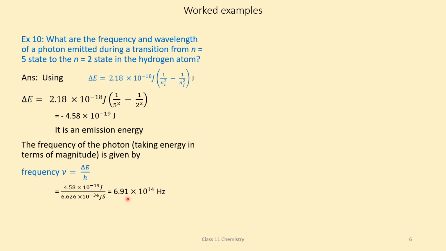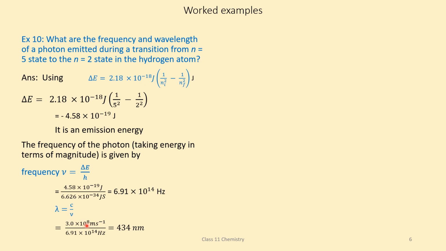And with this value, we can calculate the wavelength. So the wavelength is given by the formula lambda is equal to c by nu, where lambda is the wavelength. The value of c, that is velocity of light in vacuum, is equal to 3.0 into 10 to the power of 8 meters per second.